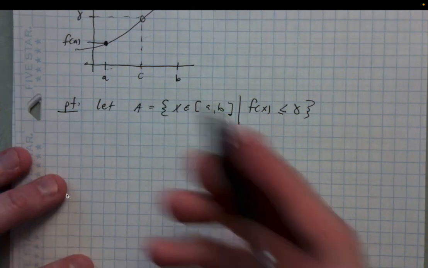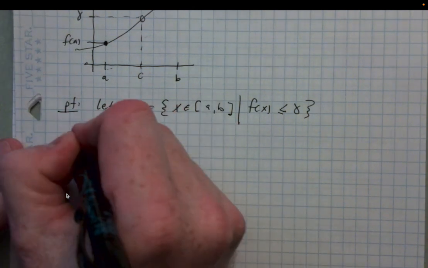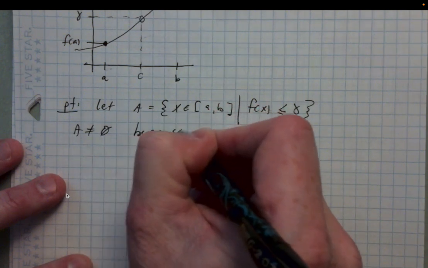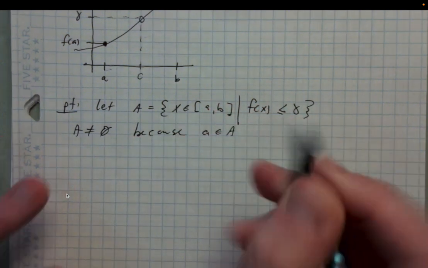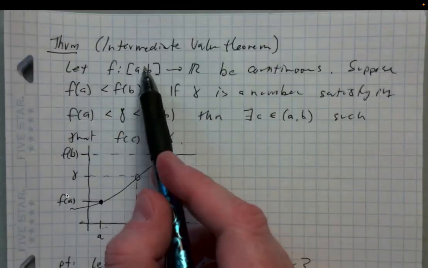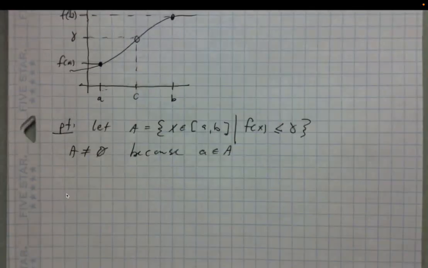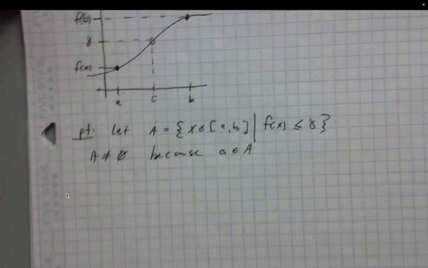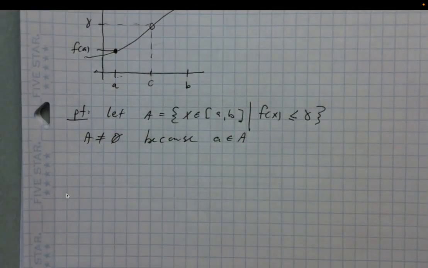Okay. Well, obviously A is non-empty, right? Because a is at least in A, the lower bound, we know that value. F is defined on a to b, and we know that f of a is not equal to gamma. It's less than gamma. Okay, so we know that the set's non-empty.